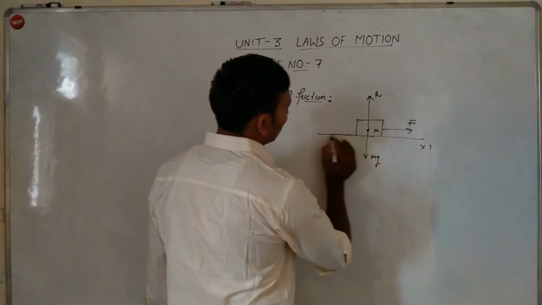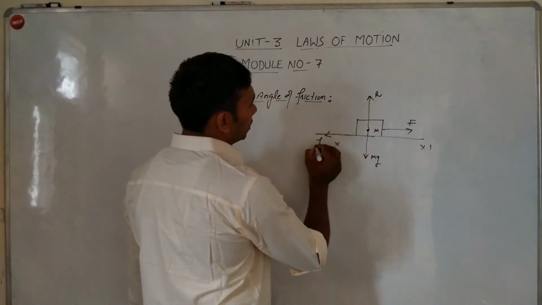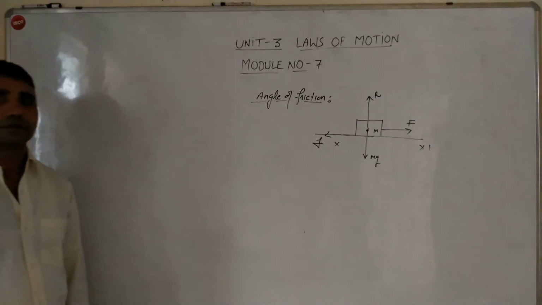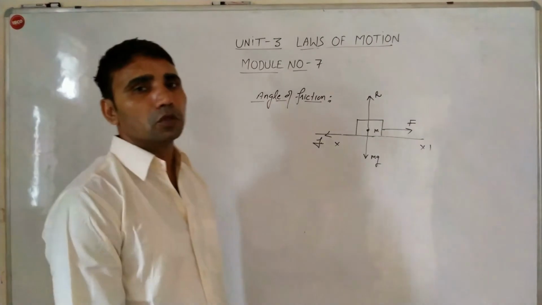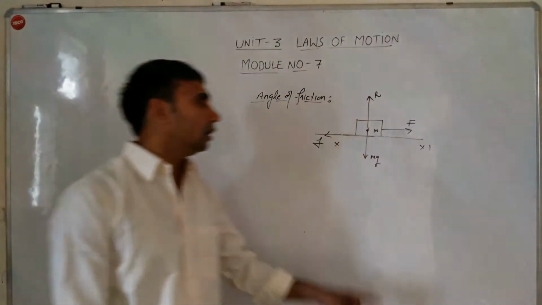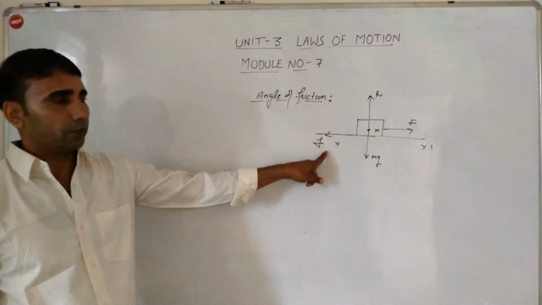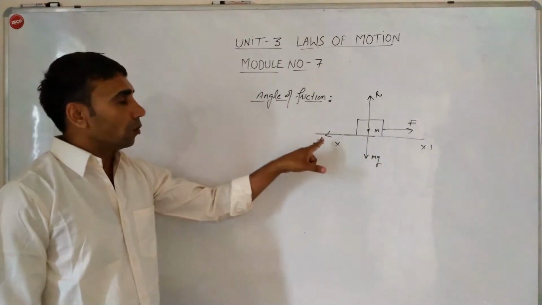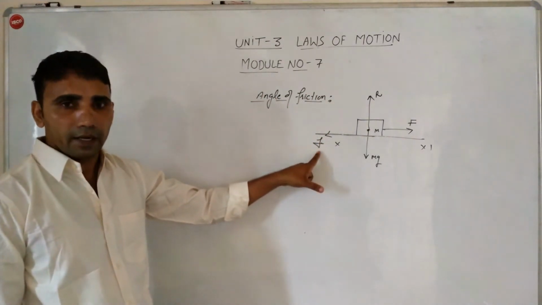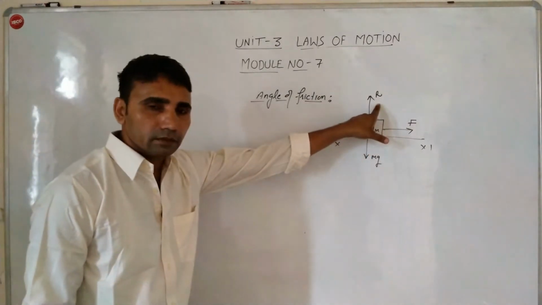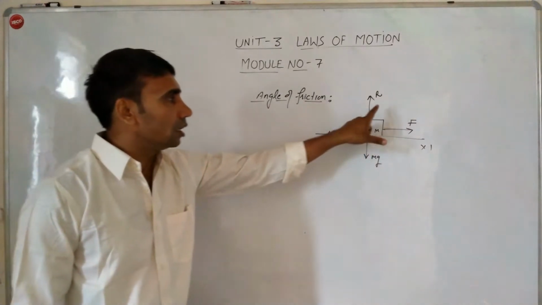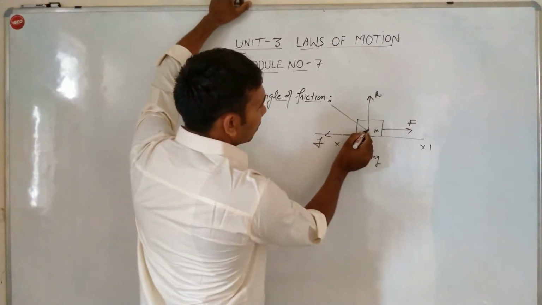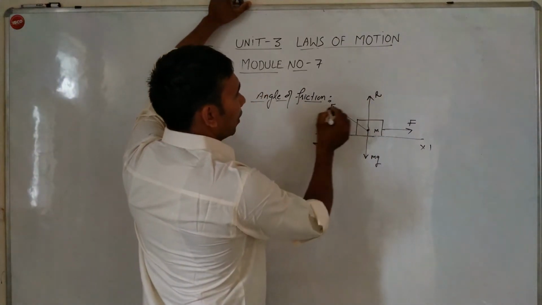Then frictional force will act opposite to the motion of the body, denoted by small f. The resultant of frictional force and normal reaction, this is the resultant R dash.